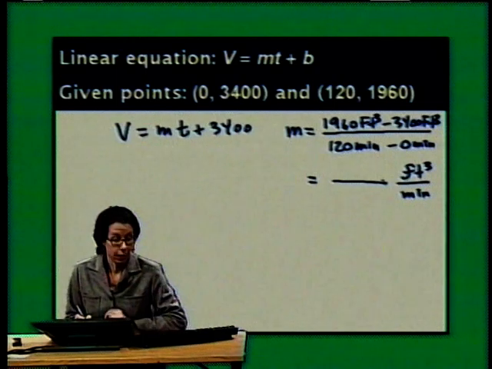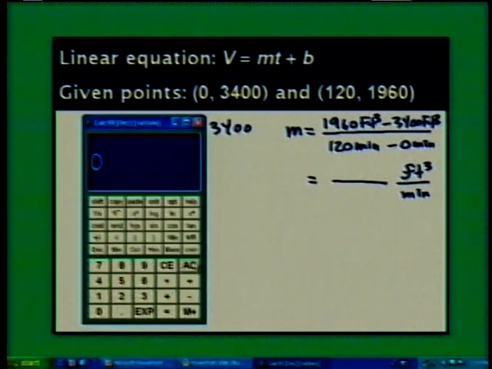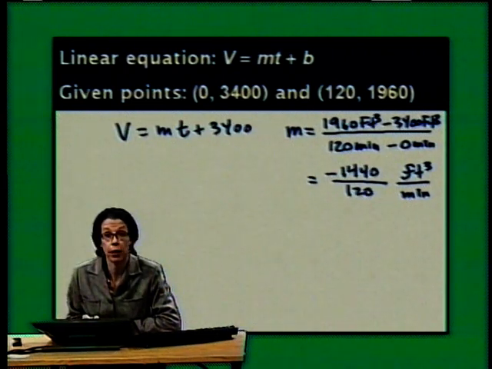Let's pull out a calculator and do some of this arithmetic. So I'm going to do 1,960 minus 3,400. That's negative 1,440 cubic feet per 120 minutes.